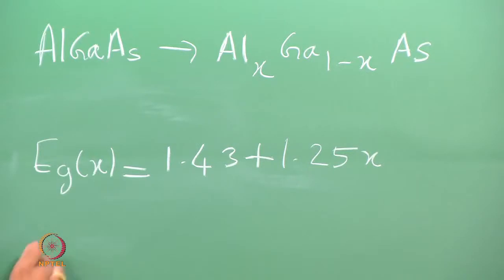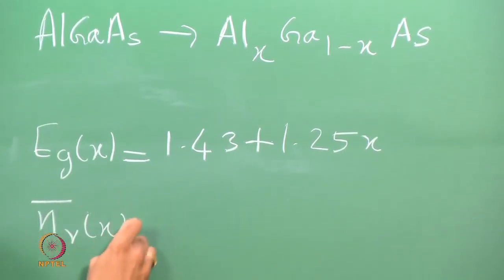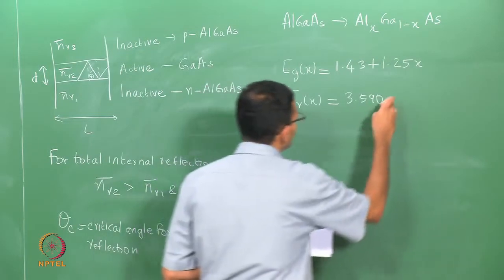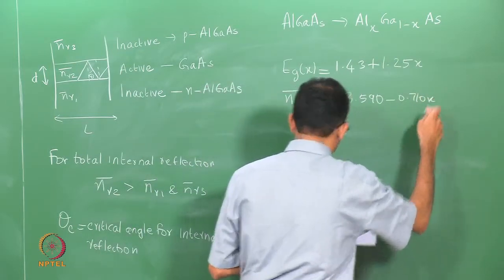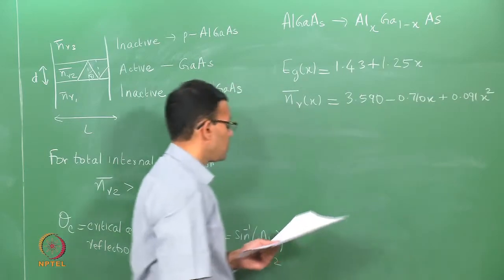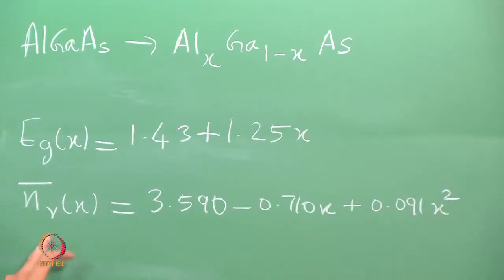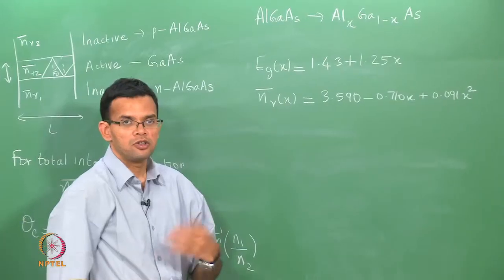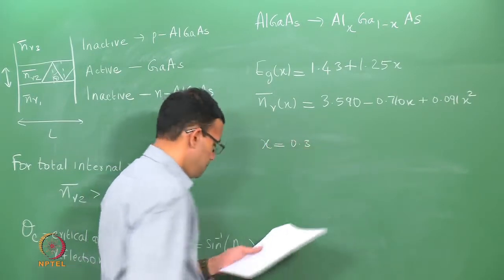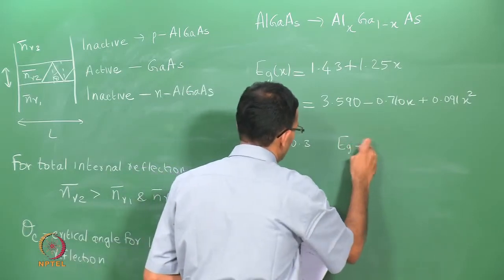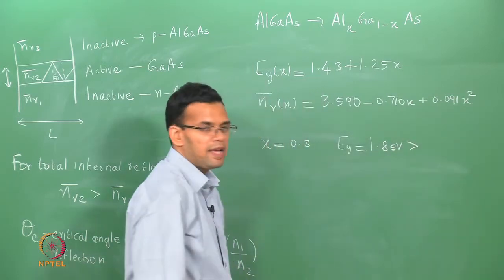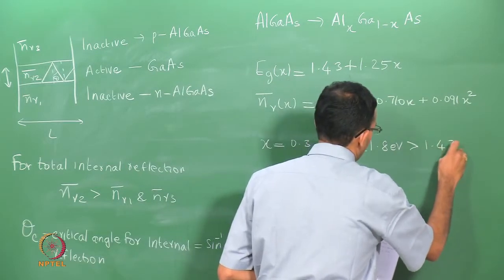Similarly, the refractive index also depends upon the value of X. So, this gives a refractive index that is lower than that of gallium arsenide, so that you can have total internal reflection. For a particular value of x, say 0.3, your band gap Eg, if you calculate, is 1.8, which is greater than the band gap of gallium arsenide, which is 1.43.